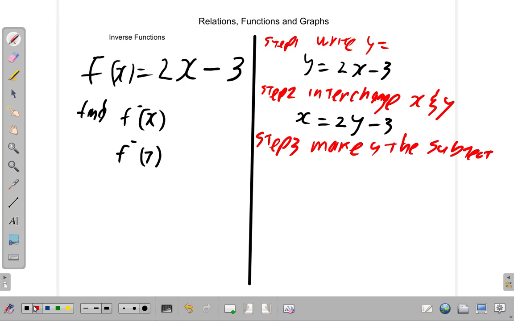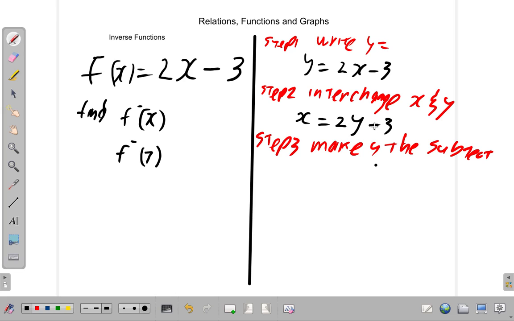So you have to practice your transposition skills. Build up your transposition skills for this part. In transposing, we want y equal and everything else on the other side.